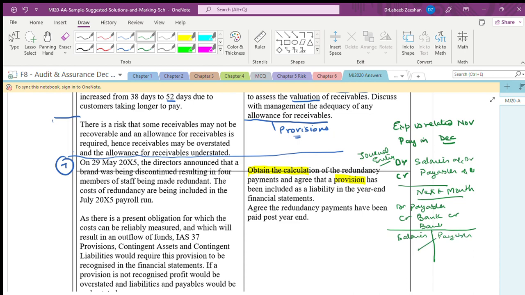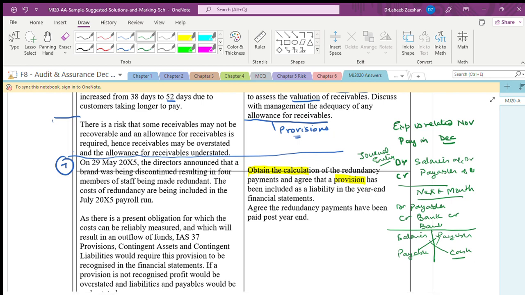Then when you are cancelling it, you remove the payables account, and you are going to put it as cash. This is the concept of provisions. Provision is nothing but just to make an estimate. But when you are making a provision, you will pay next month, but that expense belongs to this month.